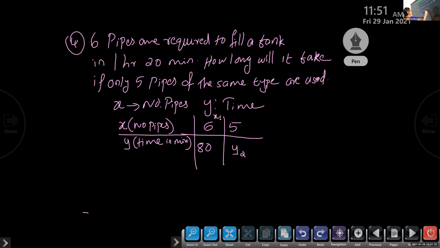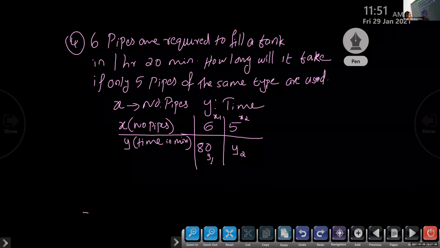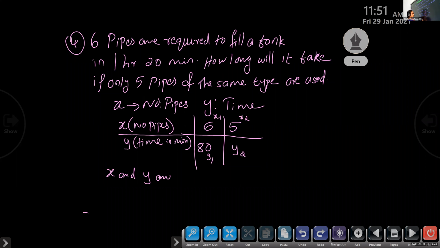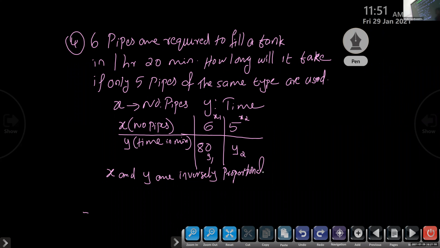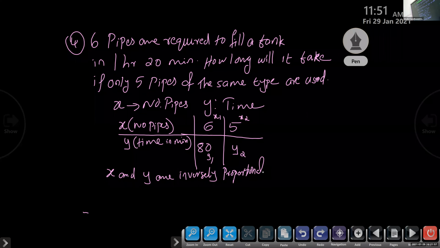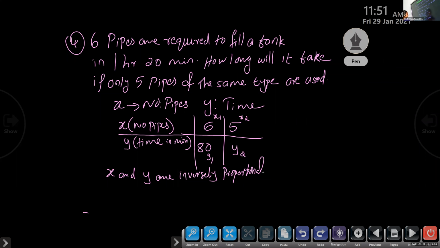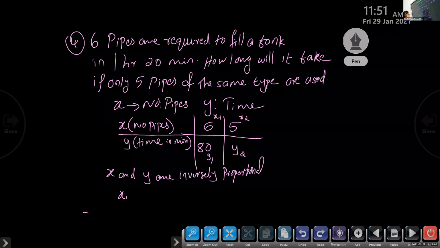This is x1, x2, y1, y2. x and y are inversely proportional. So what can we write? x1 y1 equals x2 y2.